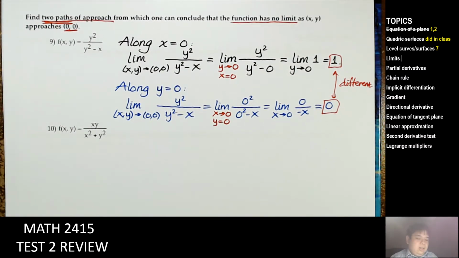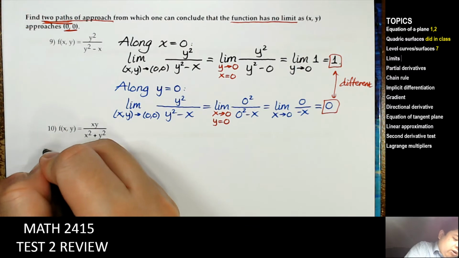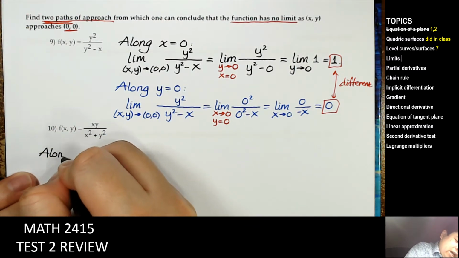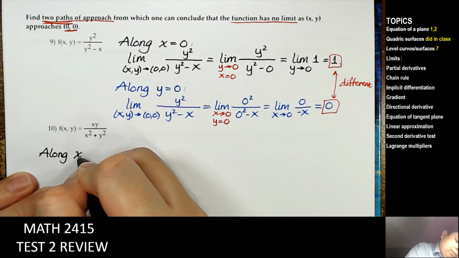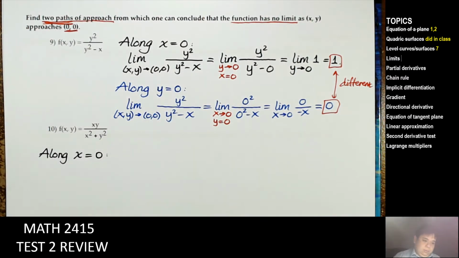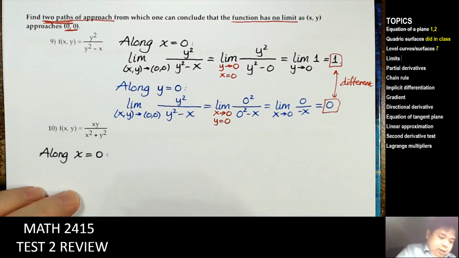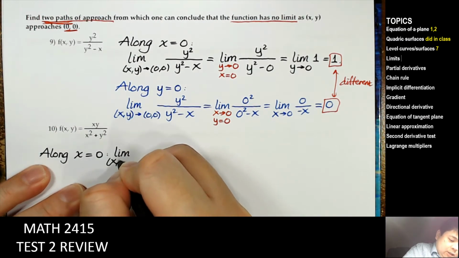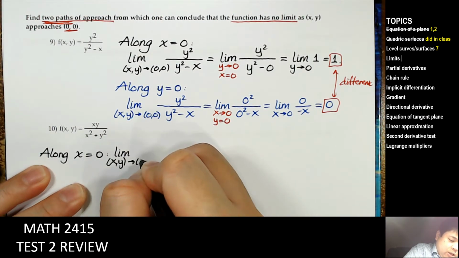Alright, next, number 10, we'll do the same thing. First, we'll do it along the x-axis or the y-axis. So let's choose x equal to 0. So the limit of the function where x, y goes to 0, 0.